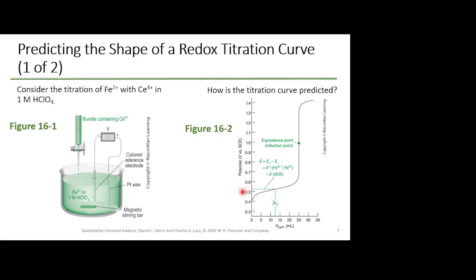You'll notice this is not pH. And so what's going to be true there is the other thing that was true in the acid-base systems. If you got to 1/2 the equivalence point, then you've used up half of your reactant, didn't you? And so at this point right here, we're going to be 1/2 and 1/2 between the two species of iron.